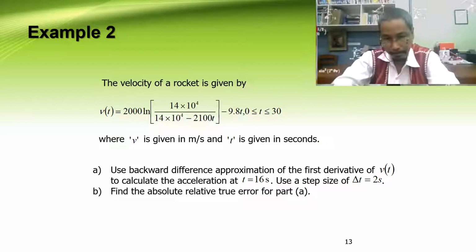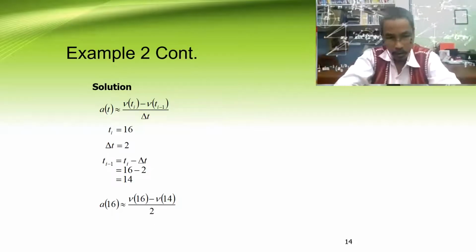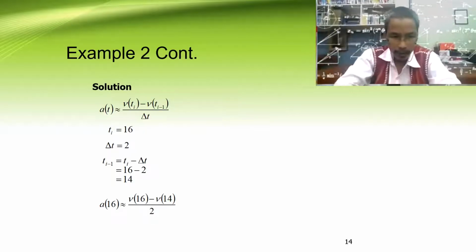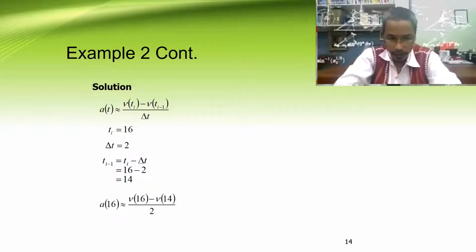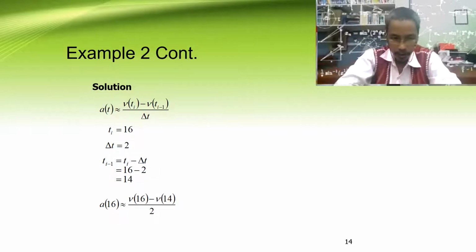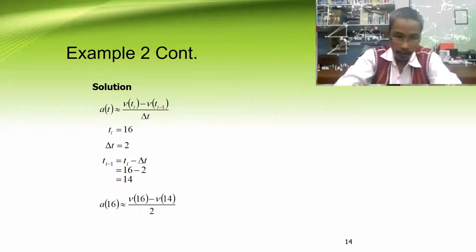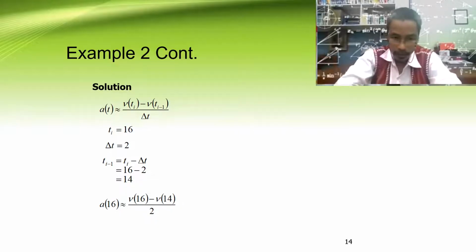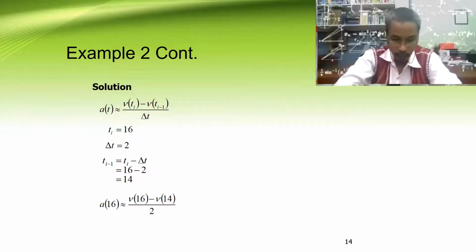Now let us solve this problem. Solution: we can lay down all the given data. t is equal to 16, delta t is 2, and therefore our t minus delta t is 16 minus 2, equal to 14 seconds.